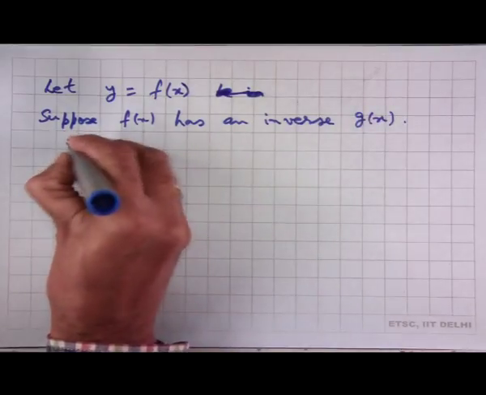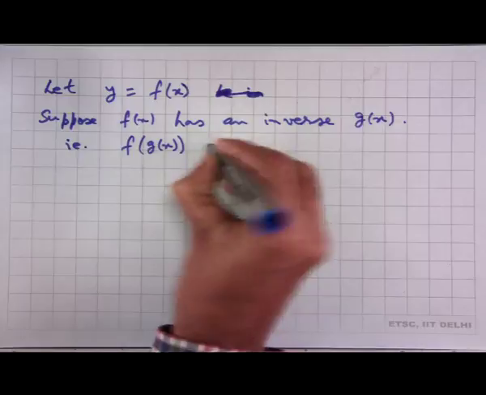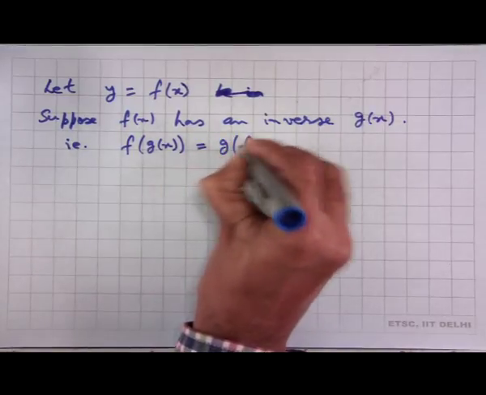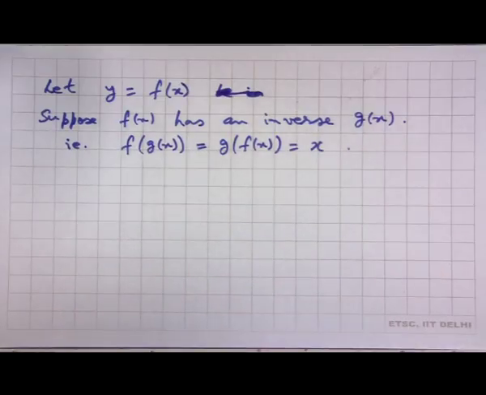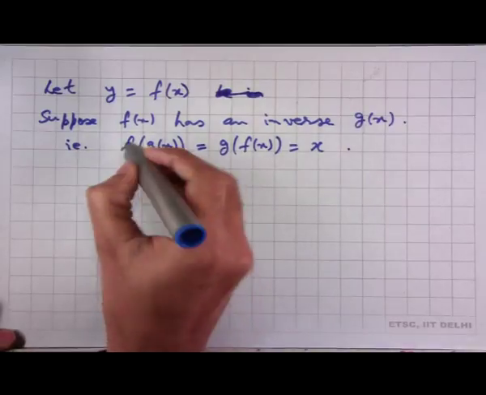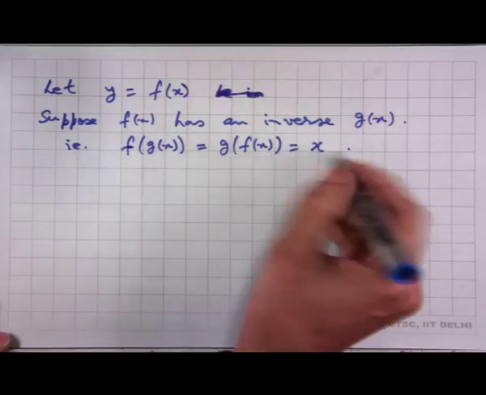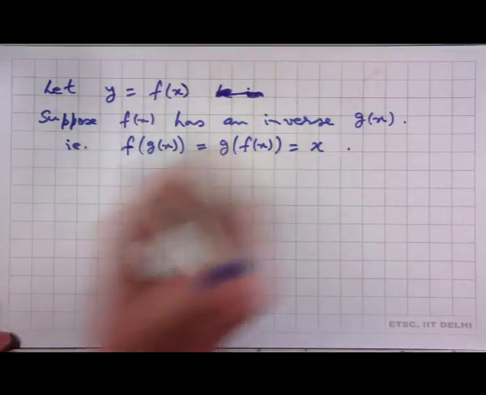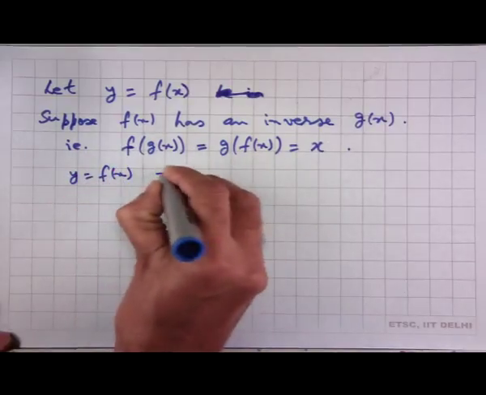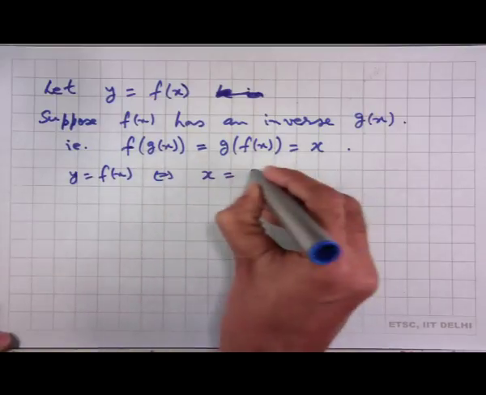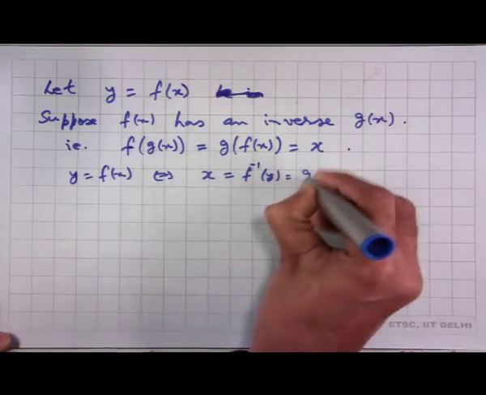What does that mean? That is, f of g of x is equal to g of f of x and it is equal to x. So, the inverse means that if you take f of f inverse of x, you get x, and f inverse of f of x is x. So, if we have y equal to f of x, then x can be written as f inverse of y, which is the same as g of y.